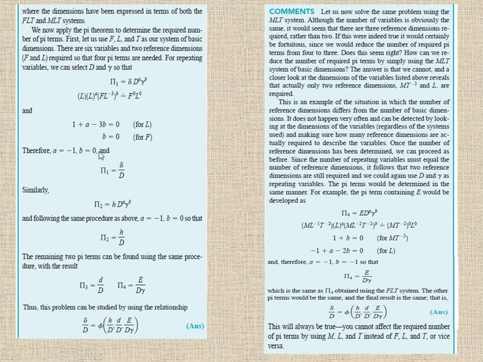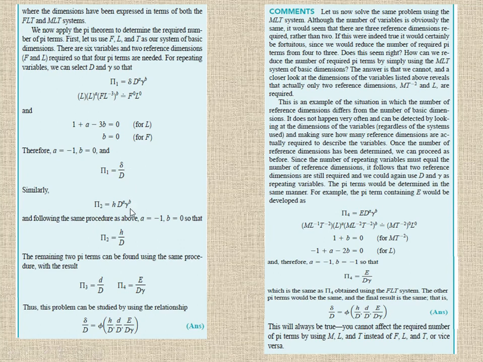Here b is equal to 0, that means gamma is going to be to the power 0, and the first pi term is going to be deflection over diameter. You can cross check this. Both have the basic dimension length, so it is definitely a dimensionless number.